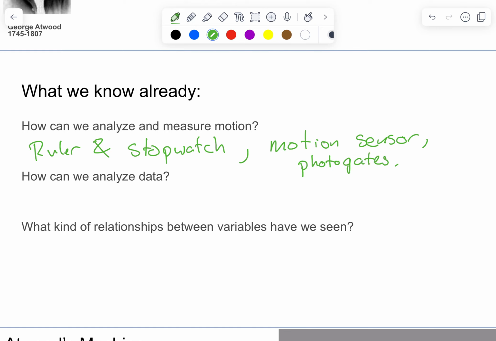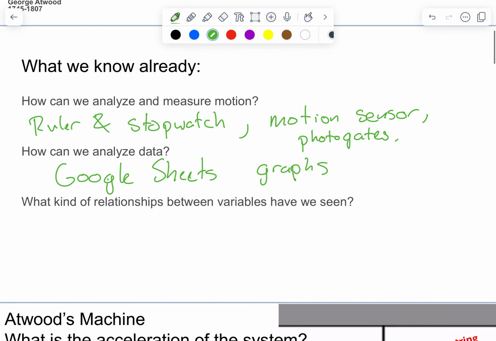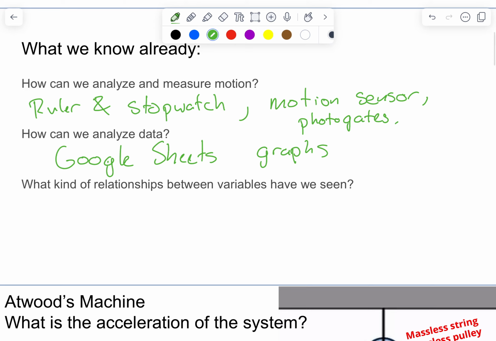We've done most of the analysis of our data in Google Sheets by looking at graphs that we've made. And we've seen a bunch of different relationships between variables. You guys really know, we did that whole patterns lab.